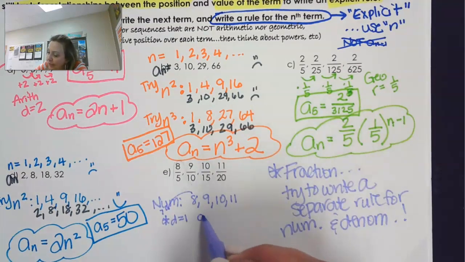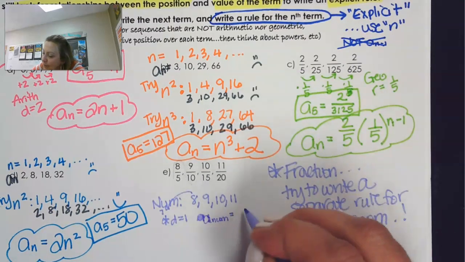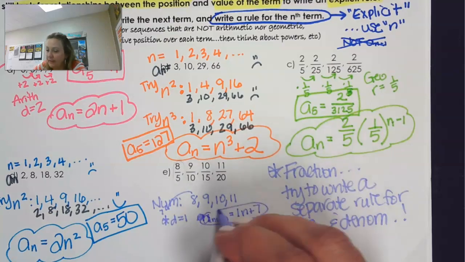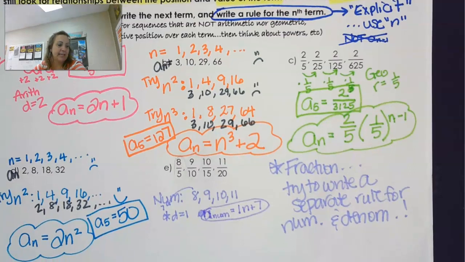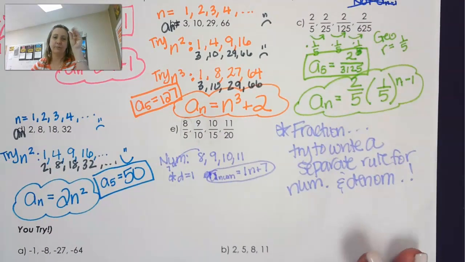So in my numerator, I'll just put a little circle around it. The rule would be, I'll put a sub numerator, a sub numerator then would be 1 times n plus 7. Again, that's not my final answer, but that's what I decide for the numerator. And I know I don't need the 1. I'm just being dramatic with the common difference.